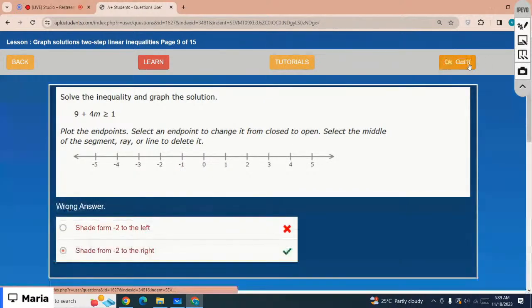Oh, that is right of negative 2. Sorry. Okay, got it.